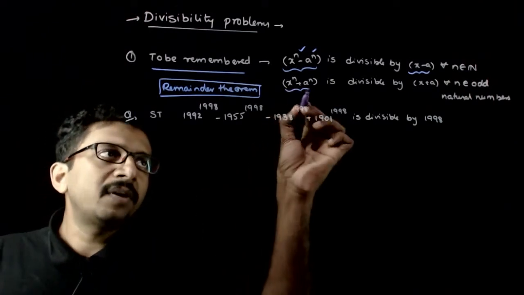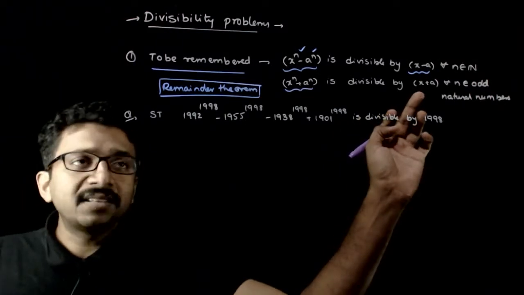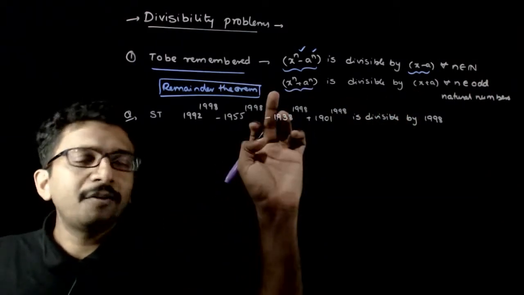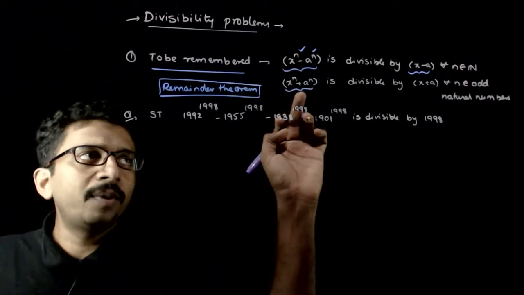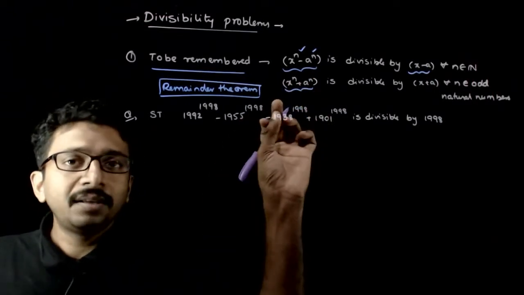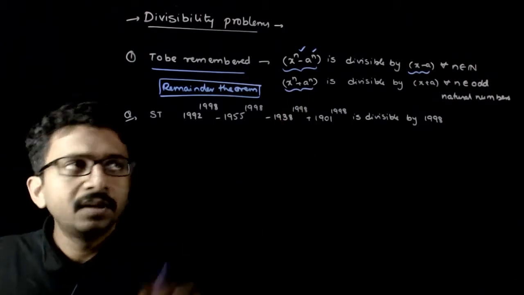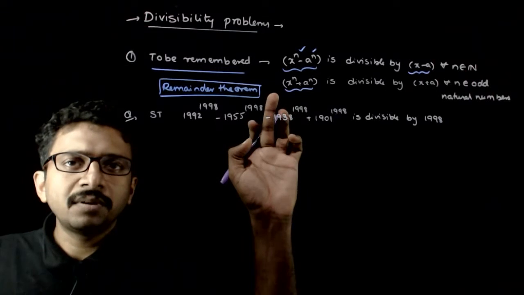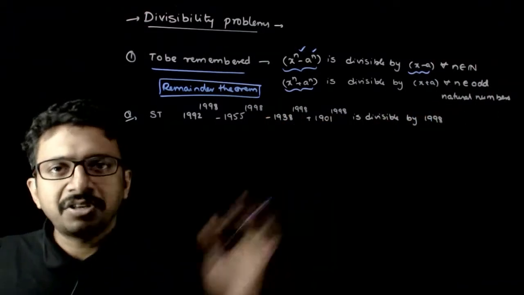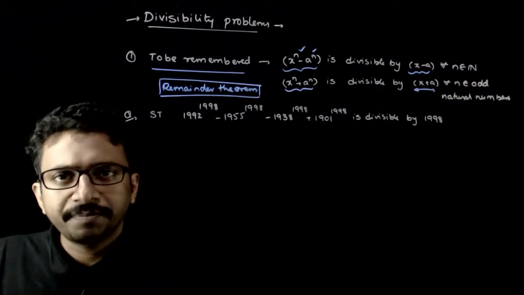Similarly, if you have x power n plus a power n, and if you put x is equal to minus a in this, p of minus a is minus a whole power n plus a power n. So if n is odd, you get minus a power n plus a power n, which is equal to 0. So p of minus a is equal to 0 for all odd natural numbers, hence x plus a is a factor if n is an odd integer.